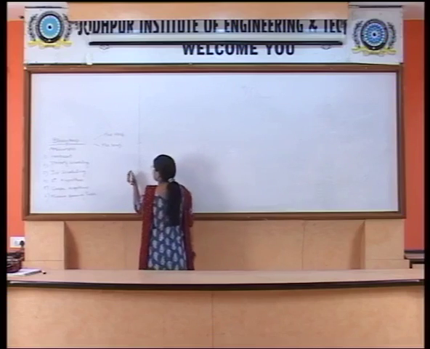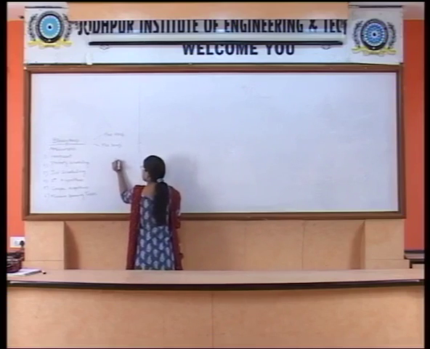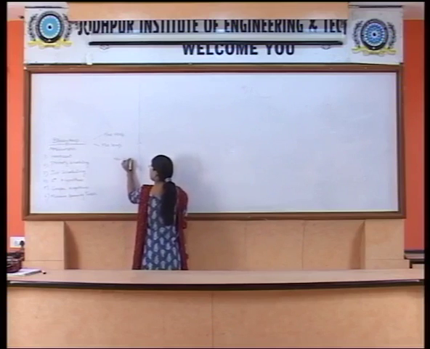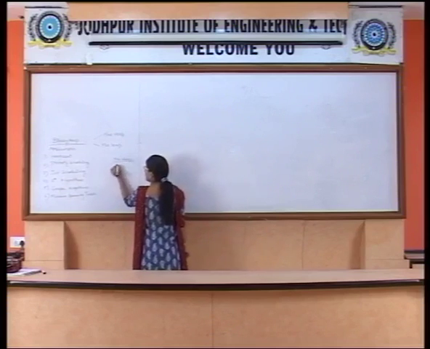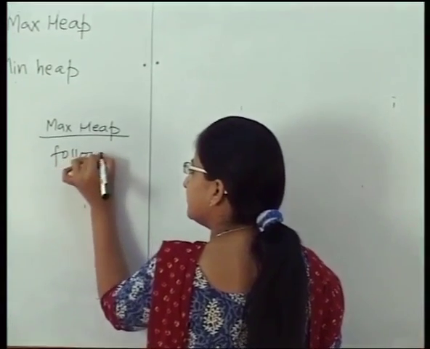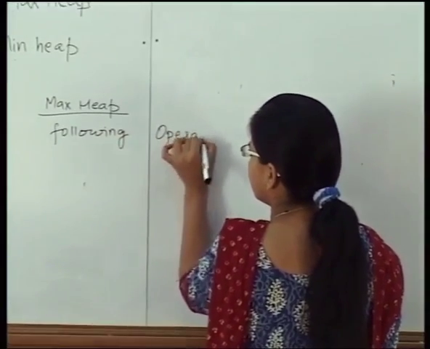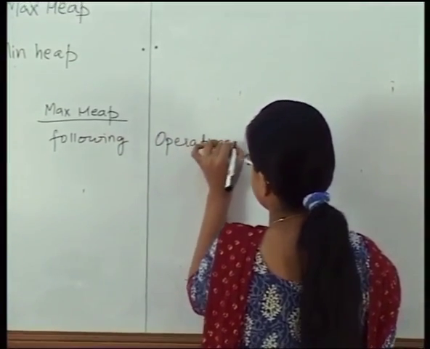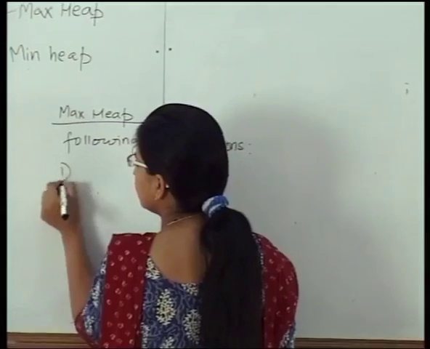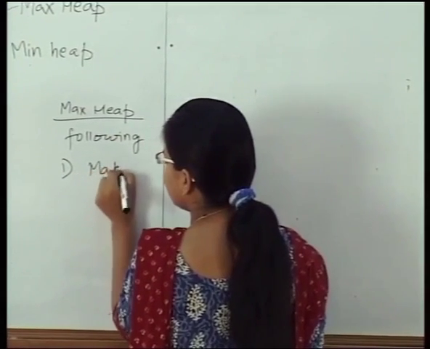First I will list the operations that can be performed in min heap and the max heap. For the max heap, we are having the following operations. First, make heap.